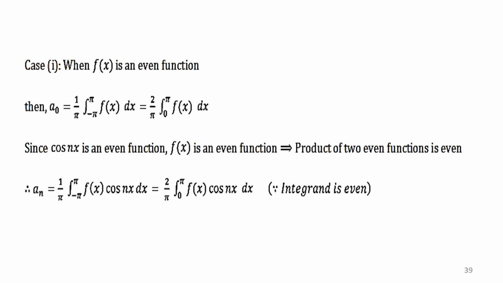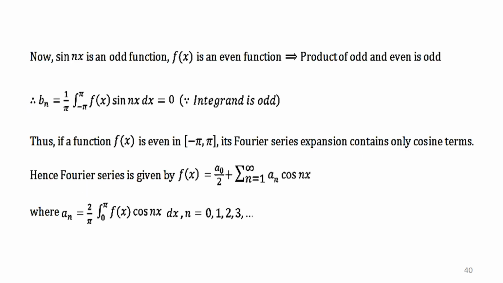So if it is an even function, then from minus pi to pi, splitting it at 0, the integral from 0 to pi is equal to half of the integral from minus pi to pi. So the a naught value is 2 by pi, integral 0 to pi of f of x dx, and a n is 2 by pi, integral 0 to pi of f of x cos nx dx.